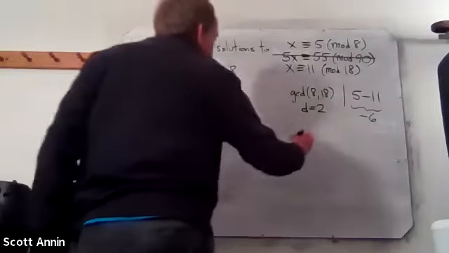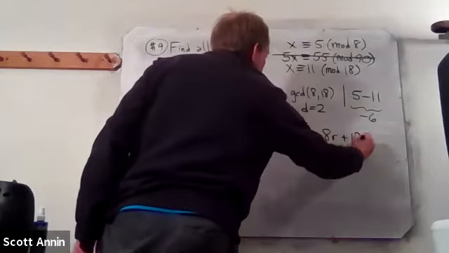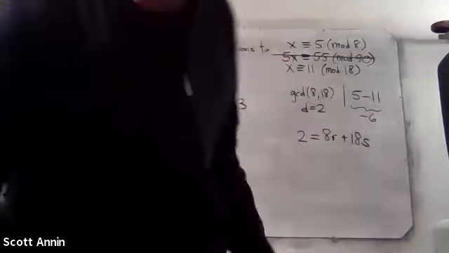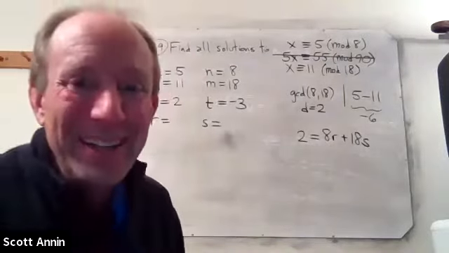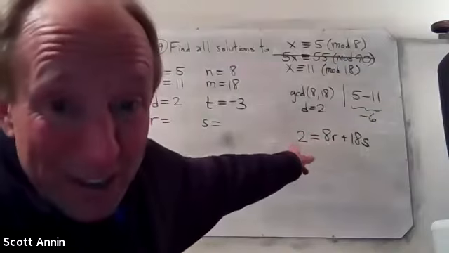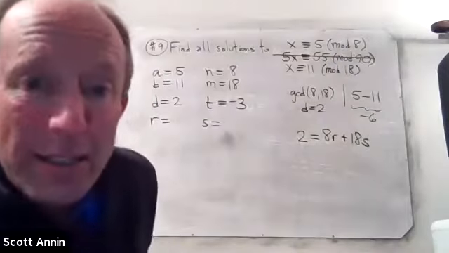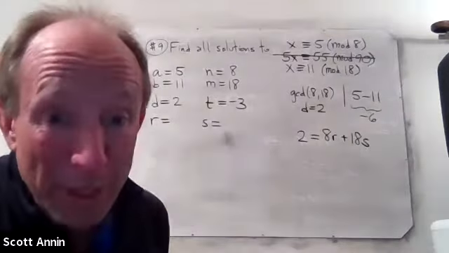And I'm just going to remind you that basically what you have to do is write the GCD of 8 and 18 as a linear combination of 8 and 18. This is one of the things we definitely learned how to do. So we can write the GCD in terms of those two numbers.